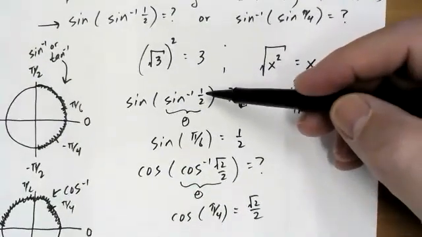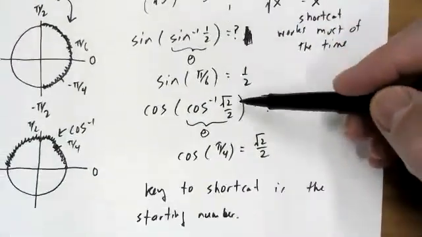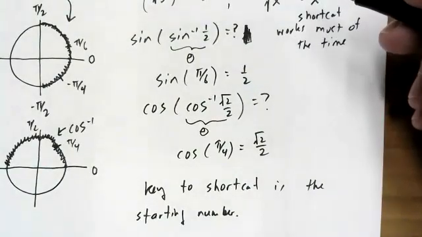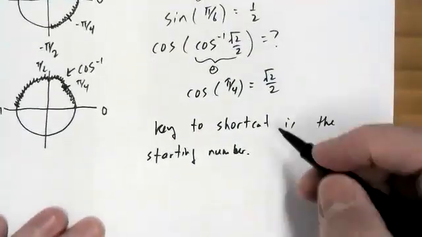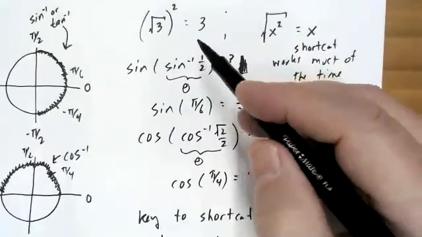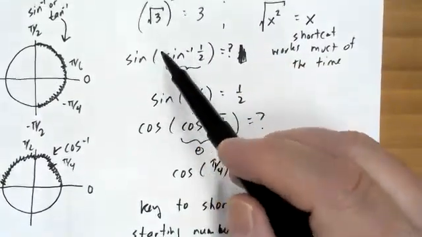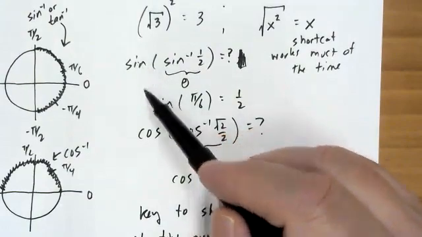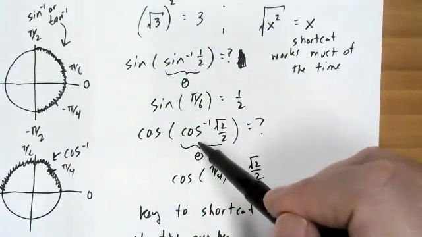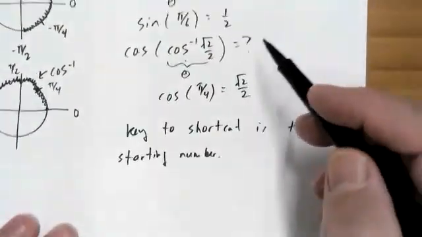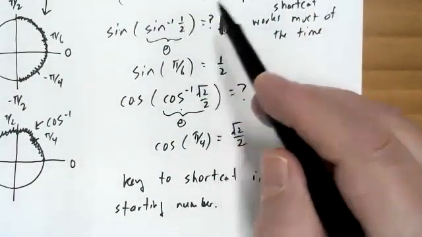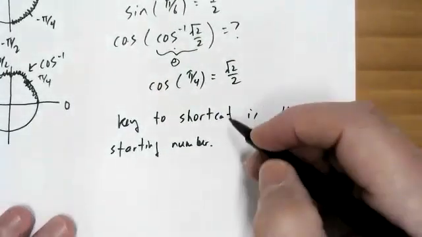So for instance, this one, it's 1/2. This one's square root of 2 over 2. And here's the question you have to ask yourself. Every time you have a problem, now be careful, be sure this is a problem where you're taking a trig function of an inverse trig function, right? So that's for this kind of problem. What you do, you're given the problem, you look at the number and you ask yourself the question.